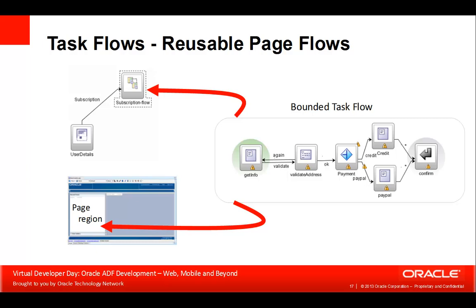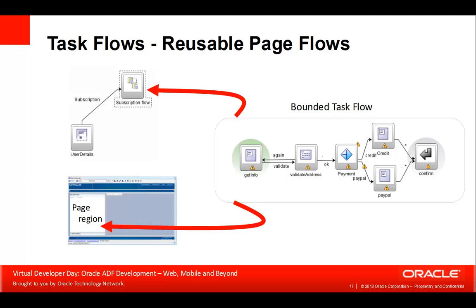Once we define those task flows, we can then either have that task flow run on its own, or we can go ahead and, as I said before, have nested task flows where one task flow calls another, and that relationship can build on and on and on.